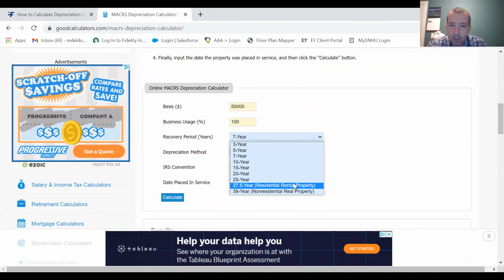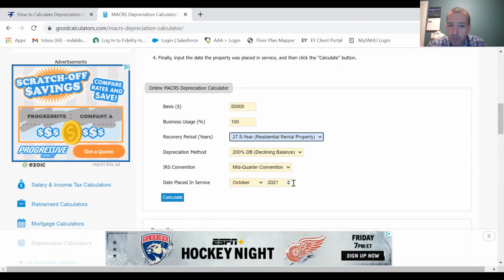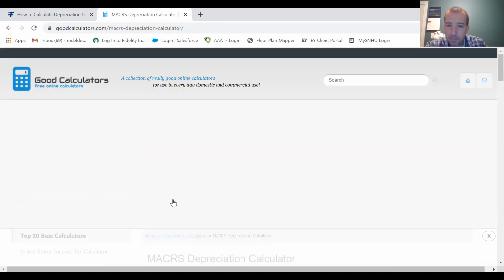So let's use a 27.5. So we have the 80% rule, the residential rental property, right? And we know every time, if it's residential or commercial real estate, we're going to use the mid-month convention. We click on calculate.